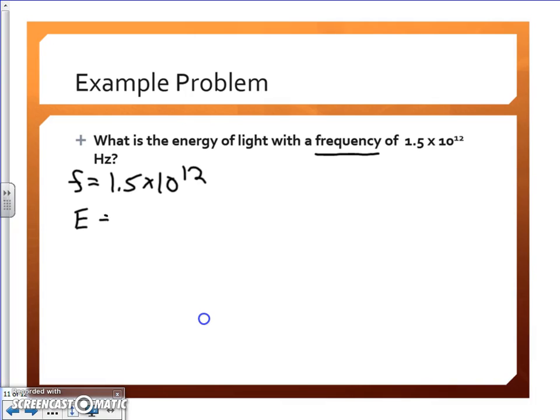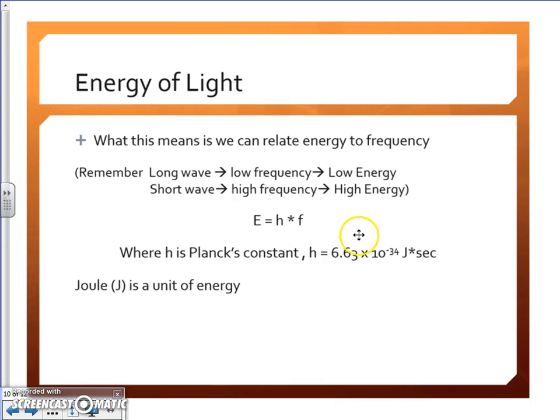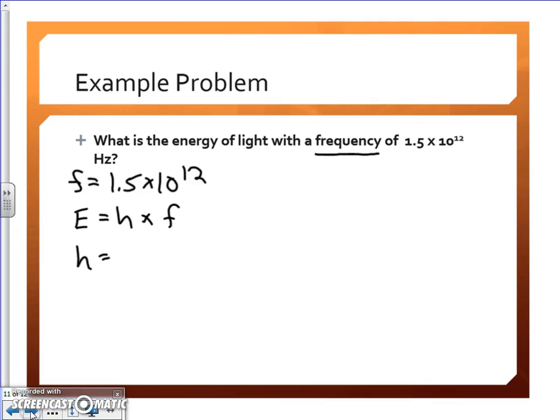So energy is equal to H times F. Well, I only know F, but remember we do have this constant H. H is equal to 6.63 times 10 to the negative 34th. Super small number.